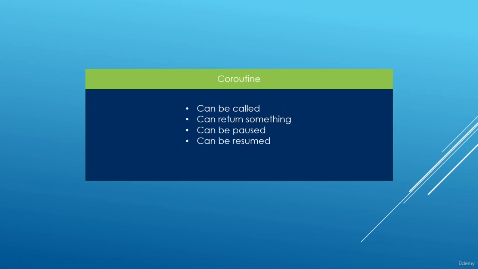But in C++20, the features of a function have been expanded. Now we will have the ability to pause a function and we can resume it to make it keep doing whatever it was doing before we paused it. And we are able to do this because of the features that coroutines bring in place.